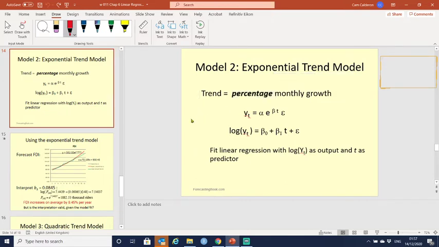That means we are going to have data that looks like the following. If this is the y-axis and this is the x-axis, you will have something that looks like this. This looks more like an exponential trend, right?